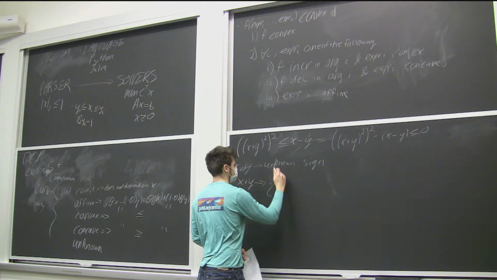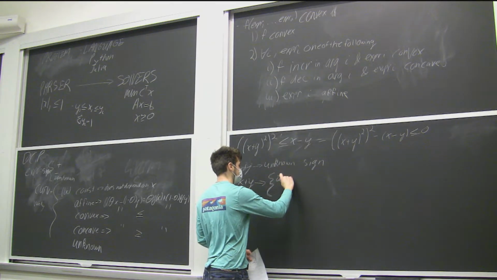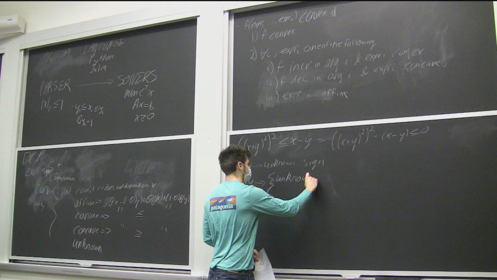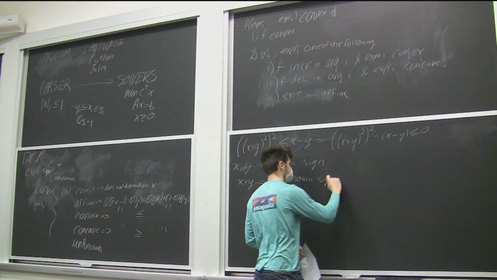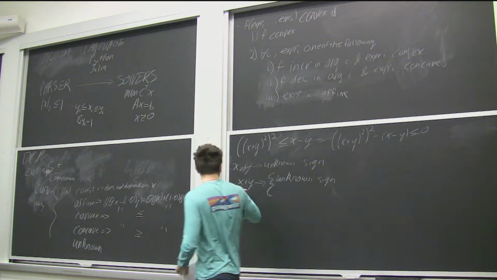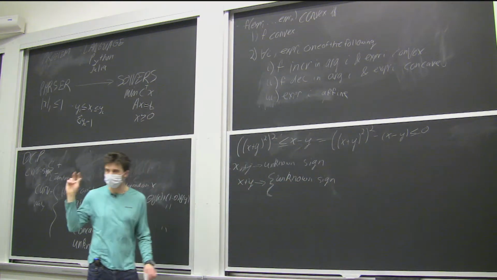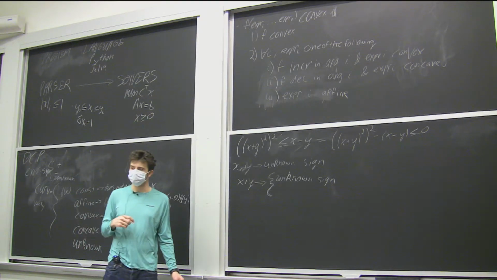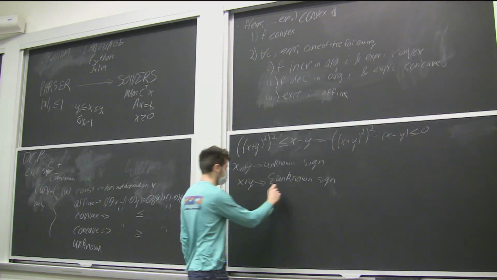So the sign here is going to be unknown. And what is the function X plus Y's vexity or curvature? It's affine.